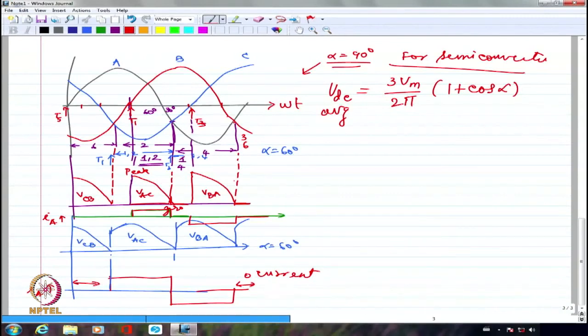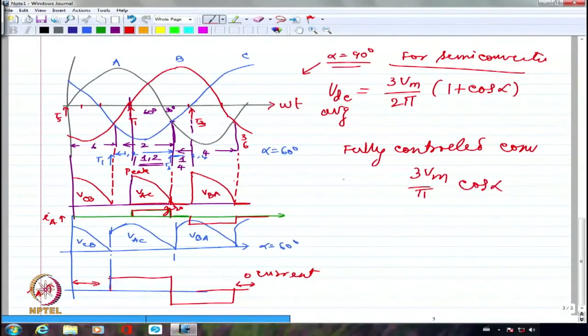It becomes kind of difficult, but one major advantage of the semi-converter is, of course, if I compare with fully controlled converter, which is 3 Vm by pi cos alpha.